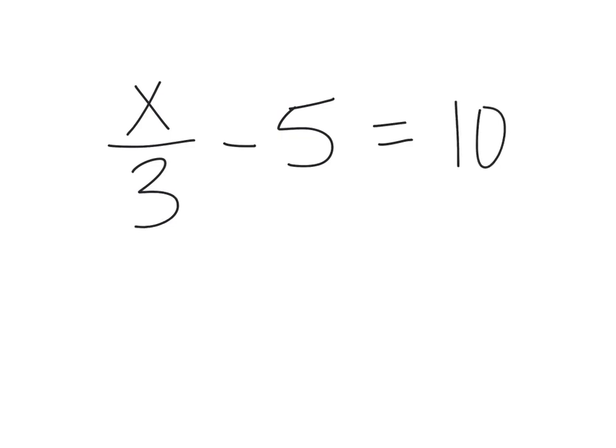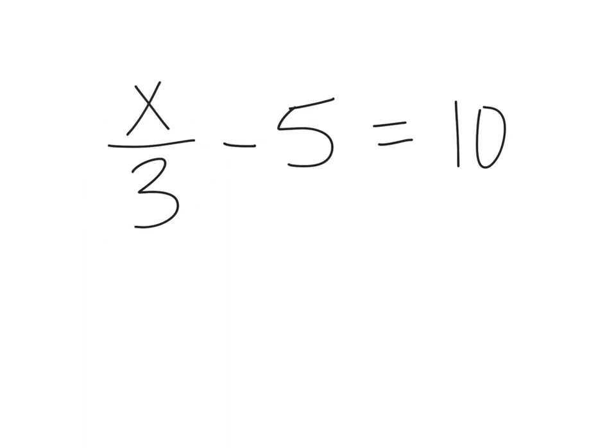In this case, we've got two numbers we need to get rid of. I have to get rid of both the 3 and the 5. Remember last week I mentioned to do the opposite of the order of operations when it comes to getting rid of numbers. So I'm going to get rid of whatever's being added or subtracted first, and then I will get rid of the number that's directly on the x, which is the number that's being multiplied or divided.